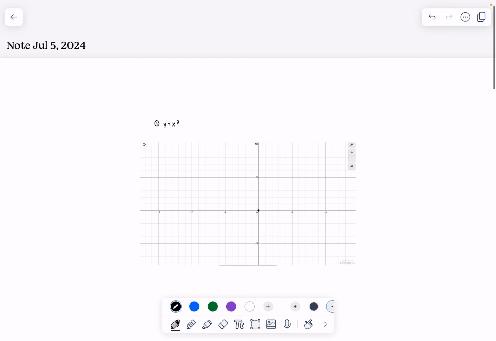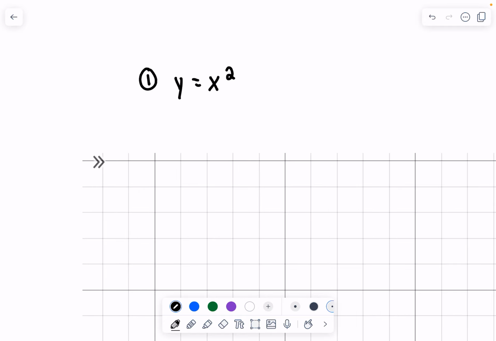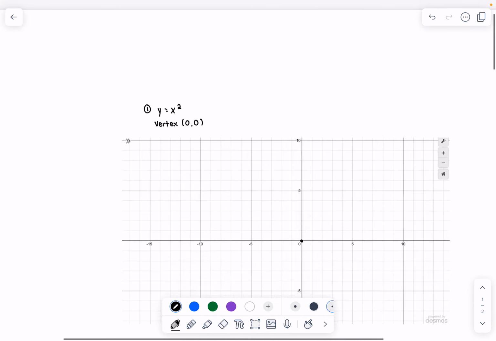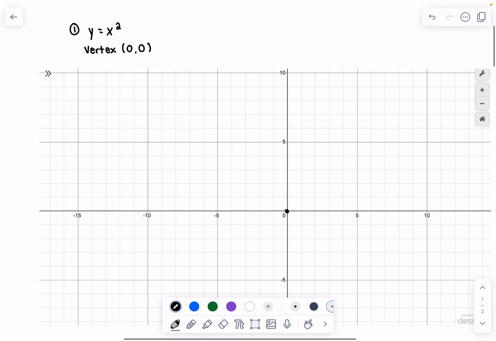We're going to try one with a transformed function as well, where we have to figure out that vertex point. A little bit more difficult, but we do understand the base function. Vertex is at 0, 0.